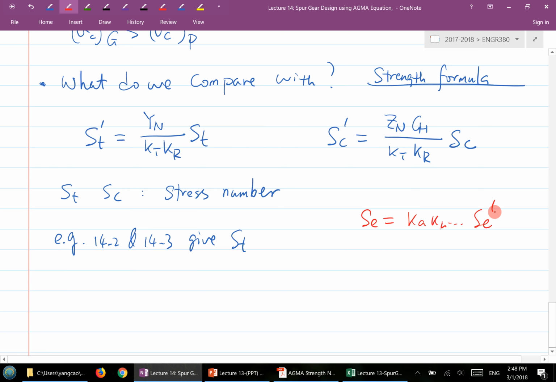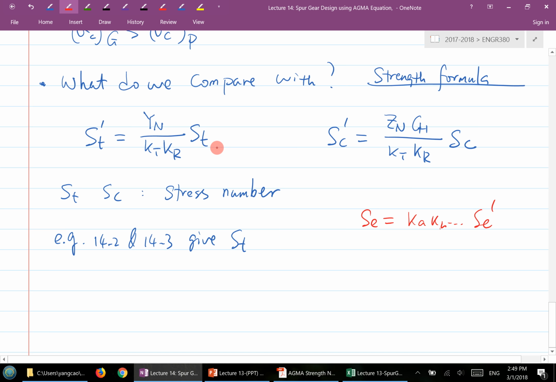That look familiar, right? SE prime at that part of the chapter is called the uncorrected endurance limit, or the lab condition value, and this is corrected. Unfortunately, the symbol here, when it comes to the gear, the primed one becomes the corrected and the non-primed one becomes the uncorrected.